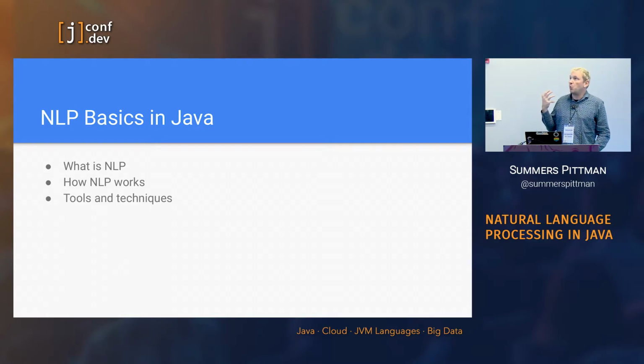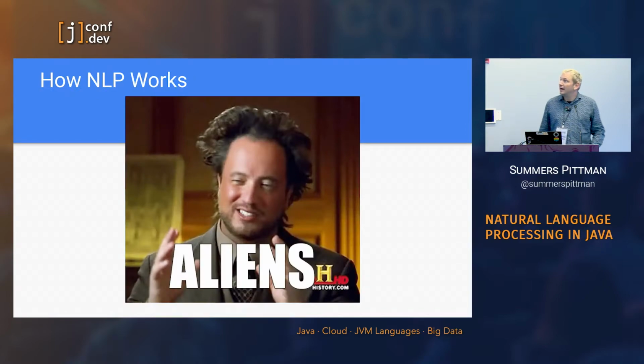It's ways of analyzing free-form text information that let you draw knowledge from it and perform some action on it and then feed that back to the person. We're going to talk a little bit about how it works, some of the history of it, and some of the modern tools and techniques that we use, specifically the Apache OpenNLP project. So how does NLP work?